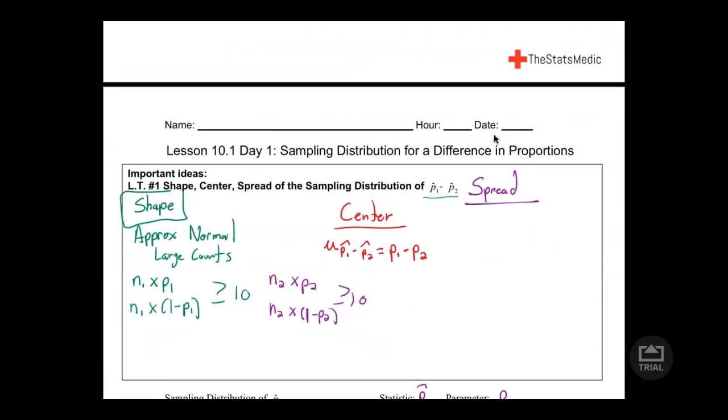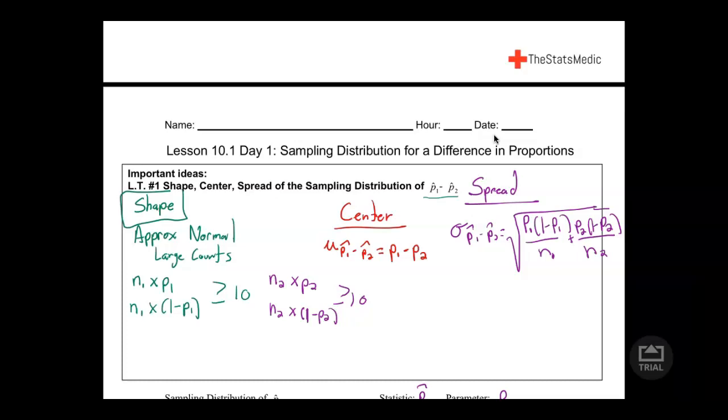We'll fill that in. The formula that you are going to need is the standard deviation of p hat 1 minus p hat 2 is equal to the square root of P1 times 1 minus P1 all over N plus P2 times 1 minus P2 all over N. And again, this should be N1 and N2 because they're from different sets.